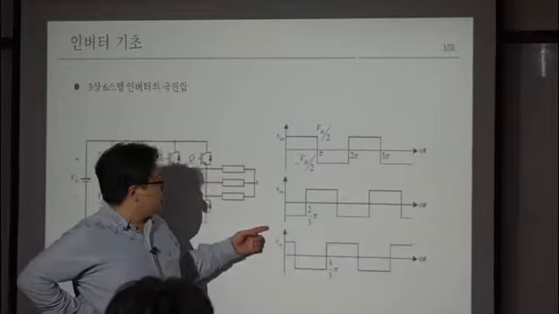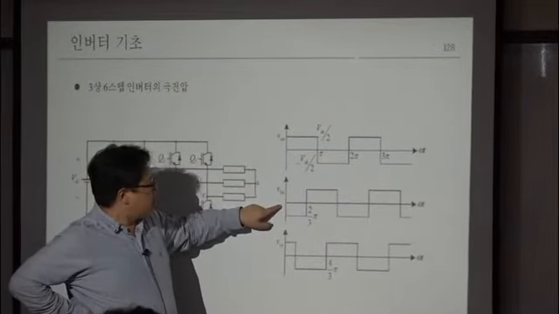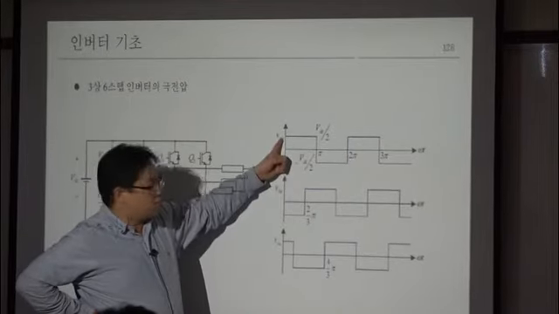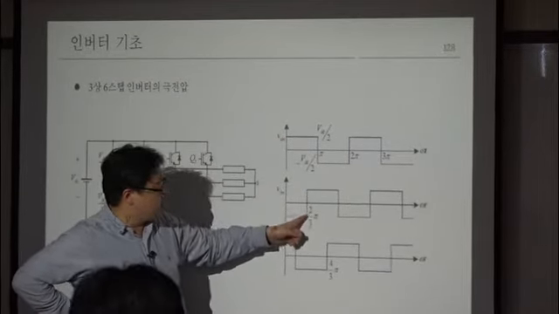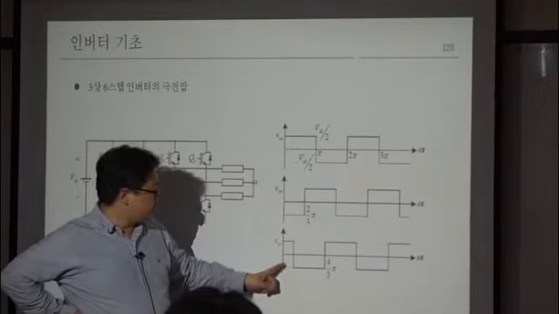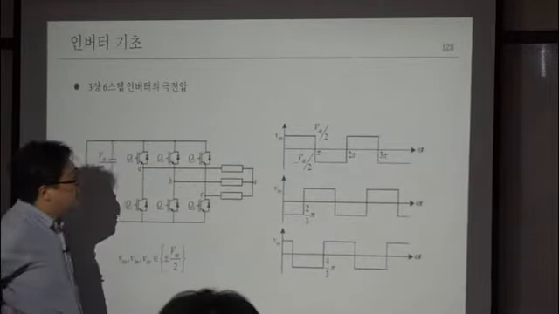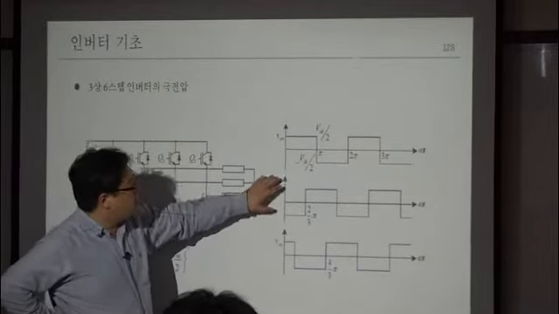VAN is what? The phase 0. VBN is lagging VAN by 2 pi over 3, 120 degrees. And VCN is also like this. That is what? The switching pole voltage.